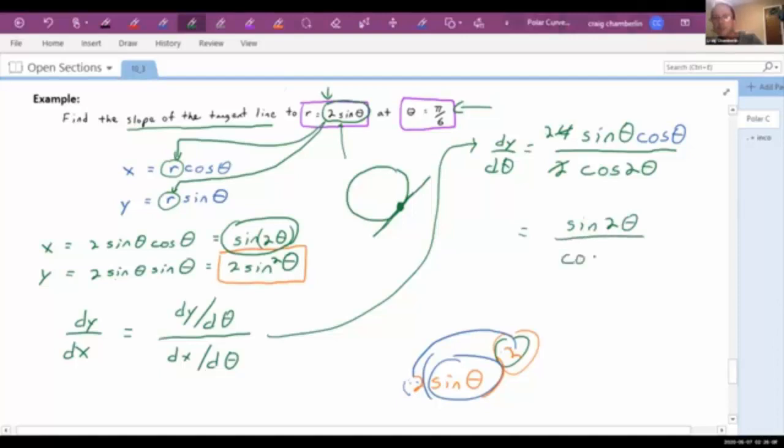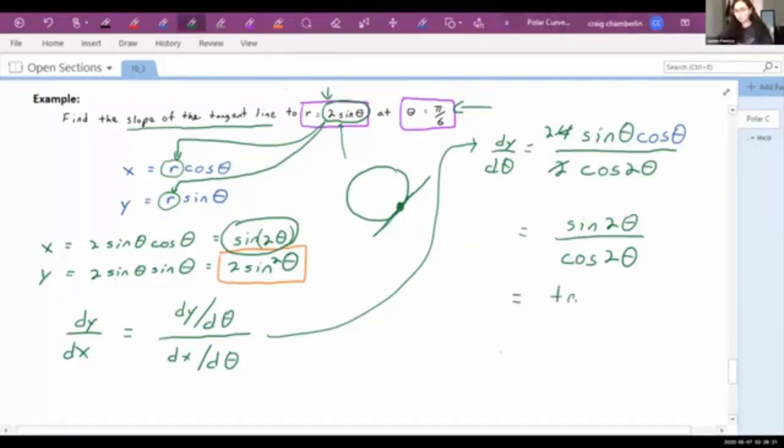Cosine of 2 theta on the bottom. And how does that simplify? Or I think you could call it simplifying. What could you replace sine over cosine with? Tangent. There you go. So tangent of 2 theta. Parentheses are optional around the 2 theta.